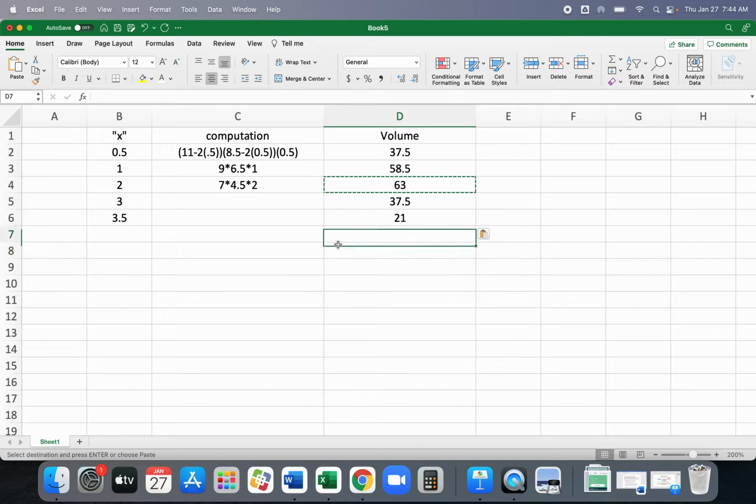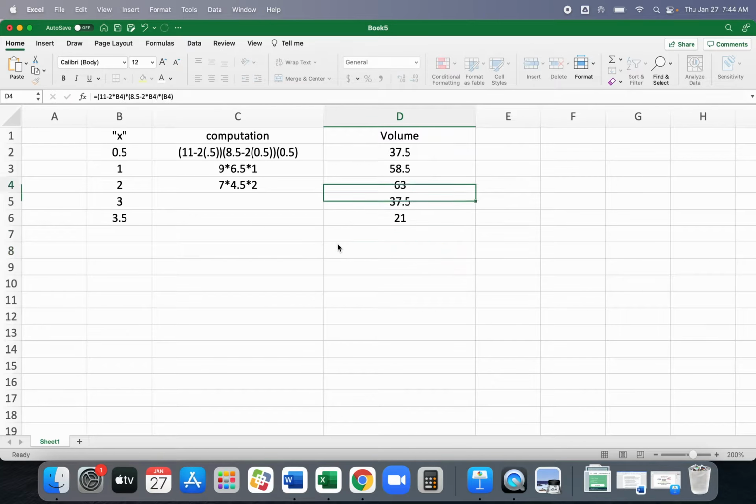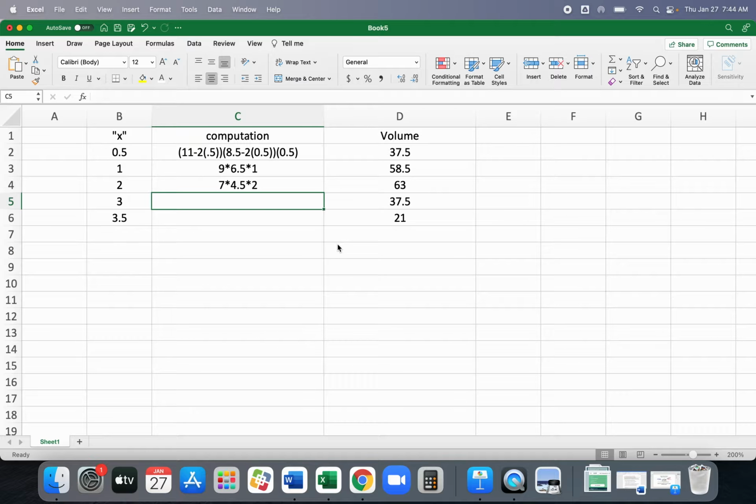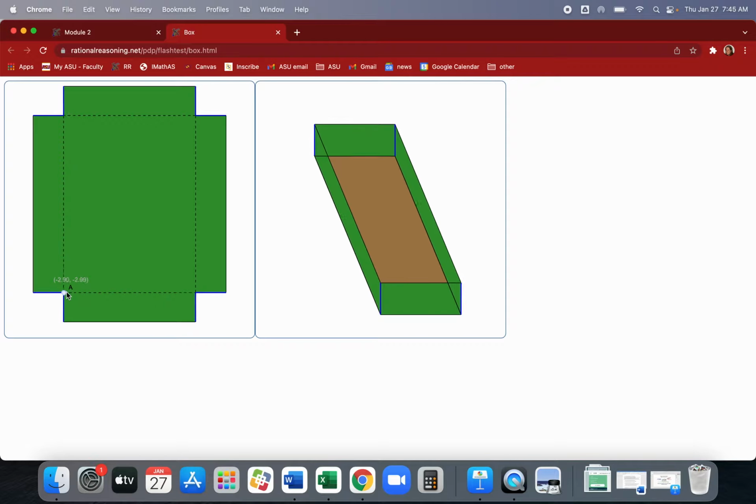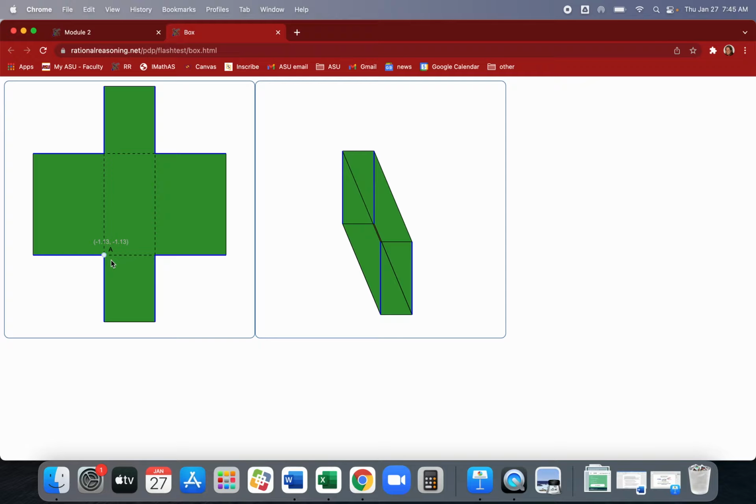If I continue this with other measurements here, see, oh, 37.5, again, that's kind of weird. What are the numbers that are involved in this? If I had 3-inch cutouts, it'd be 11 minus 3 on both sides, or we'd have a box that's cutting 3 inches off of each side. It's kind of this shape box.